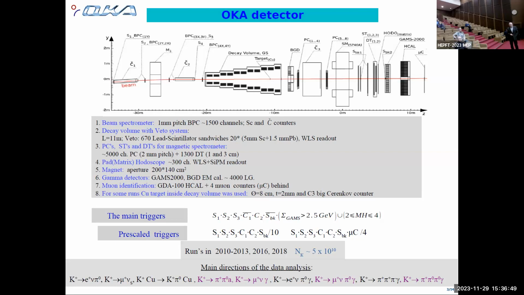So the main directions of data analysis are listed here, quite a lot, and I will concentrate on fresh ones which are not yet published. Actually, I will talk about these three. The last one, I think I will not have time to discuss.